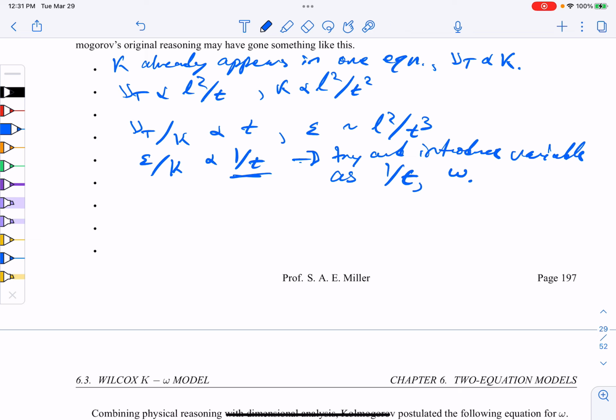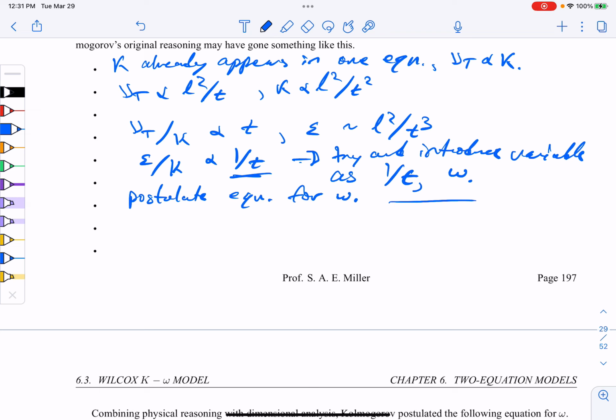So the next step, once he's written down these relations, was to postulate an equation for omega. And to do that, he saw that there are certain processes happening in the turbulent cascade.